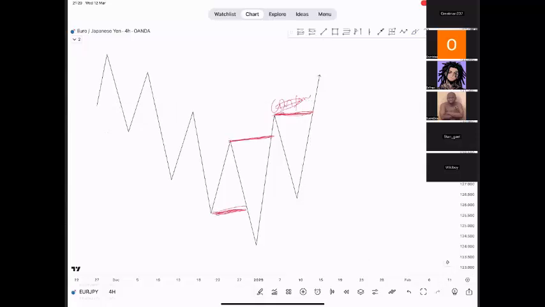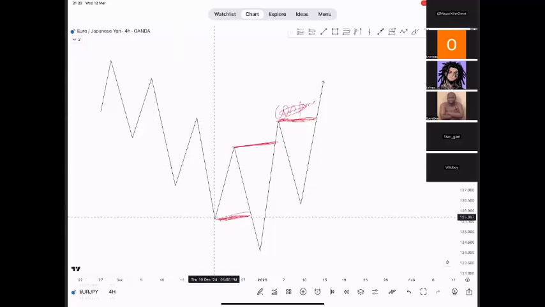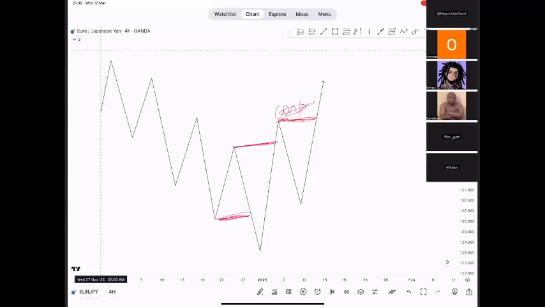I hope you guys are following. This is now your confirmation for a new trend. So price is coming with a series of lower lows, lower highs, lower lows, lower highs, right? And then takes out the protected level, creating a change of character. Now, when the change of character comes, when price is creating this series of lower highs and lower lows in a downtrend, what is happening here?